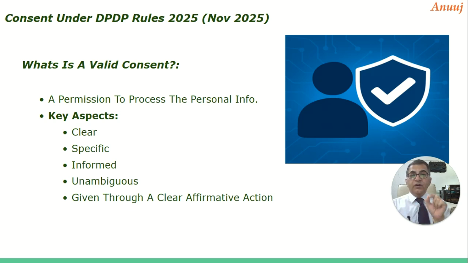I need your phone number for sending you messages about new launches of my products. Do you allow me? Yes or no? And the person selects either yes or no. But the clear question explaining what would be done with that phone number is there. So yes or no affirmation is easy, right?